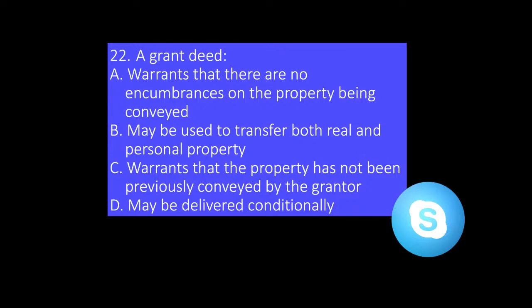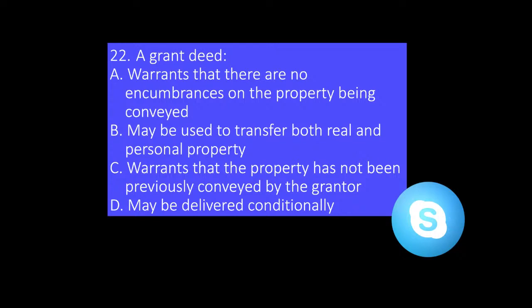So even in a grant deed, there can be encumbrances as long as they are disclosed to the buyer. That is the main reason why A is the wrong answer, because A says it warrants that there are no encumbrances on the property being conveyed. Got it?